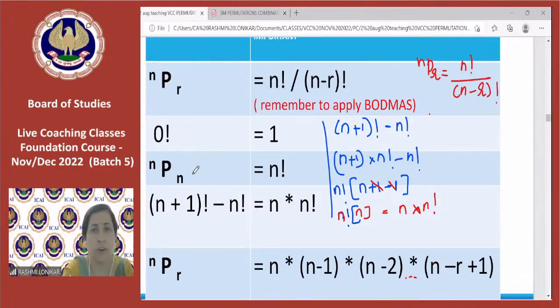What happens if out of 5 students, I only pick up 3 students and I arrange them for a photograph? Then it is 5P3. Okay.